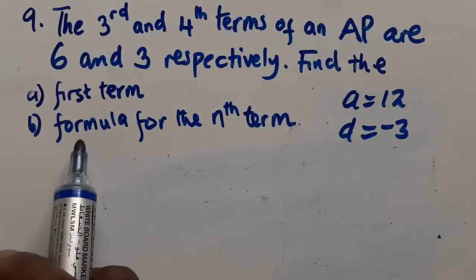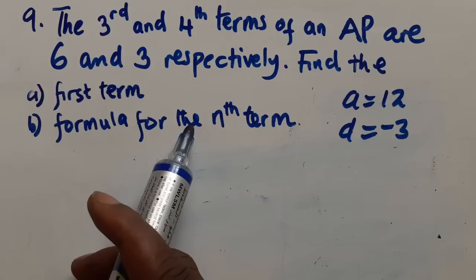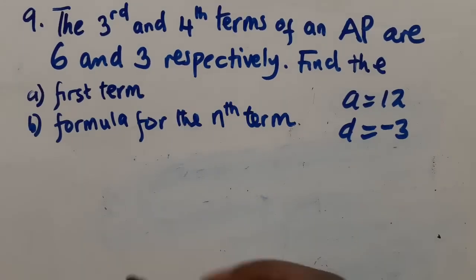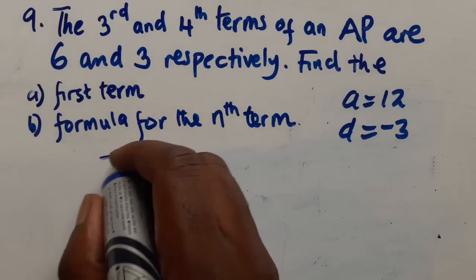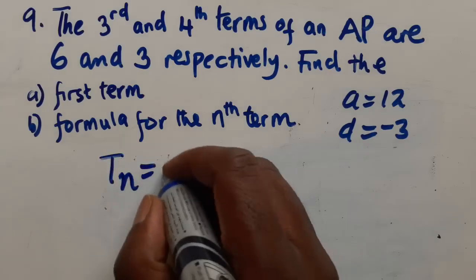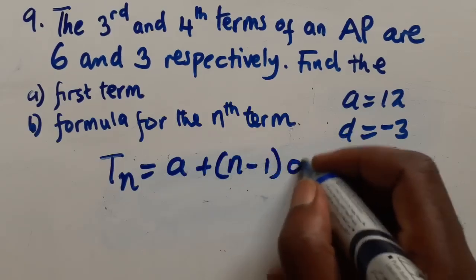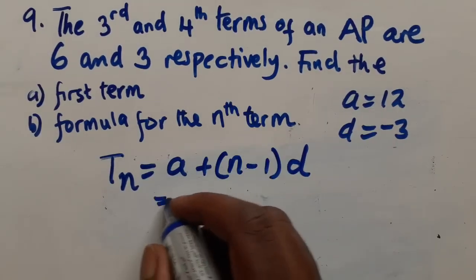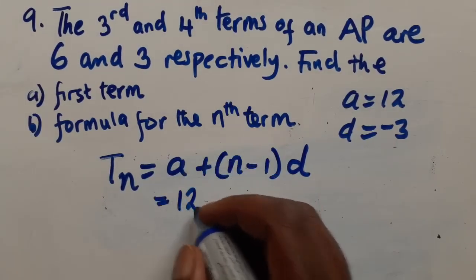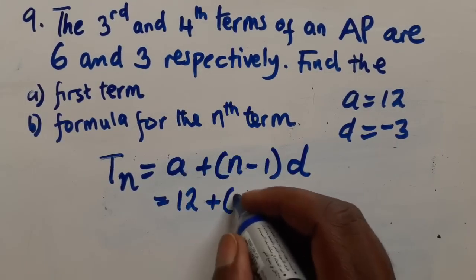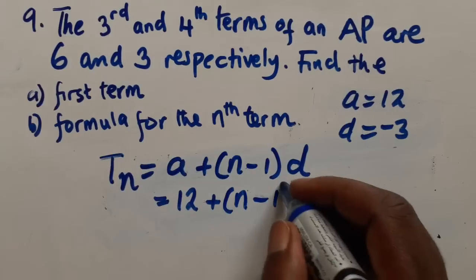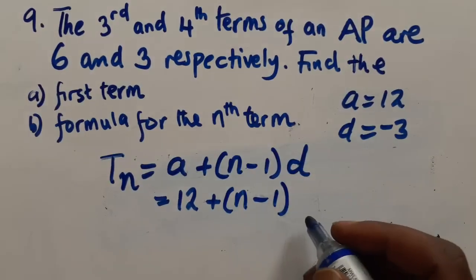Then this question says find the formula for the nth term. So for the nth term, this is our formula. Now in this case, we know our first term is A, we do not know what n is, and we know what our common difference is.